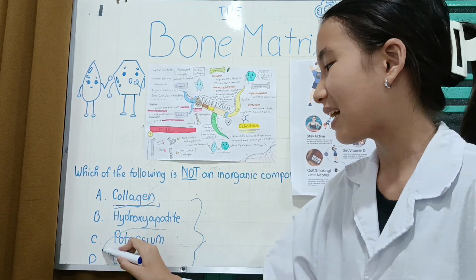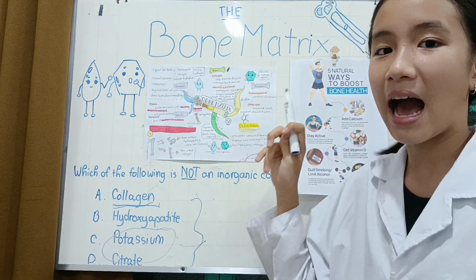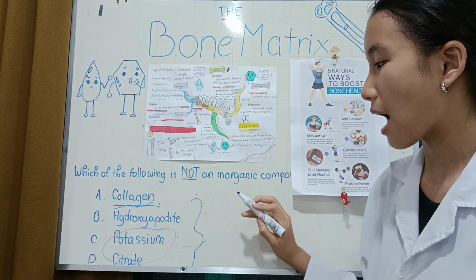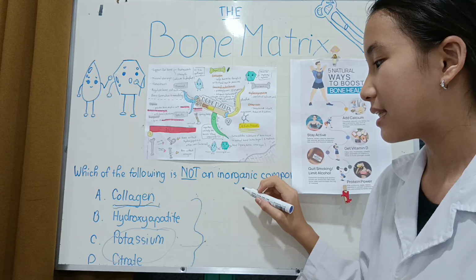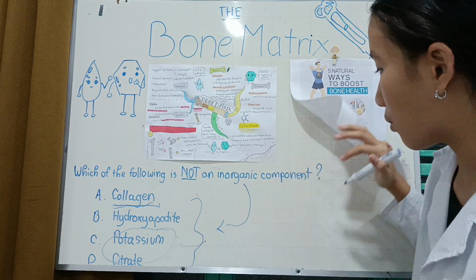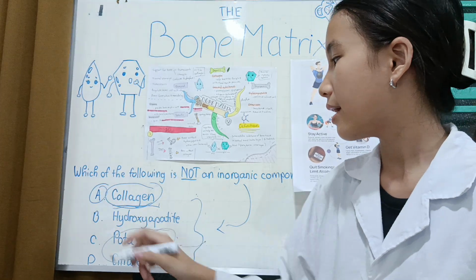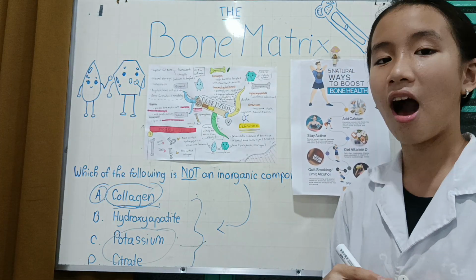Now, where are the potassium and the citrate? You might ask, well, they're in the other ions part. So hydroxyapatite, potassium, and citrate are all inorganic components here, and collagen, A, is not an inorganic compound.